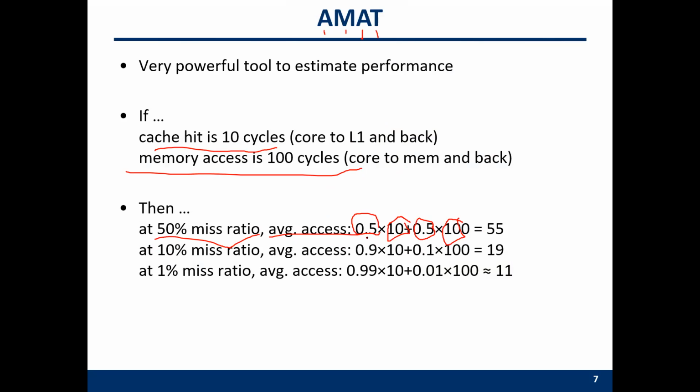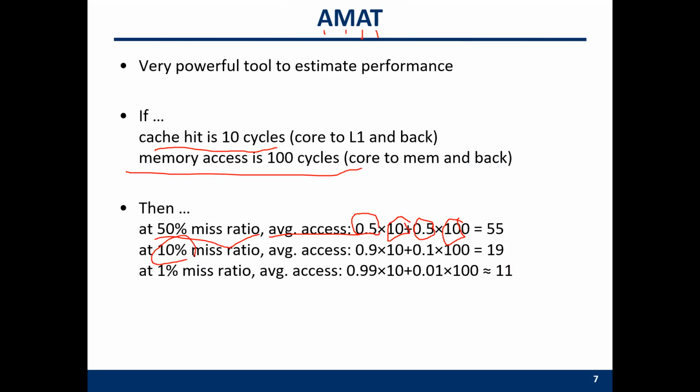So we multiply 50% by 10 and 50% by 100 and add them together. This is how we calculate the average memory access latency, or average memory access time.